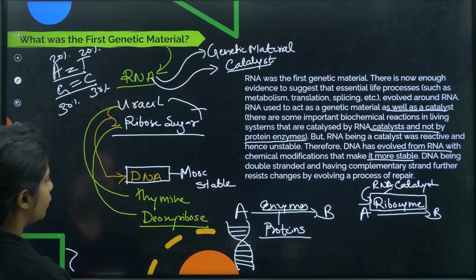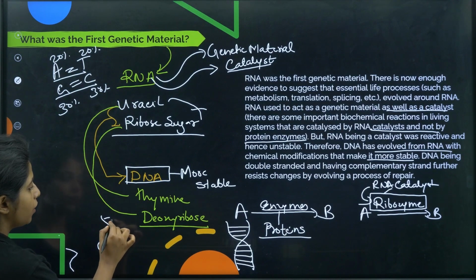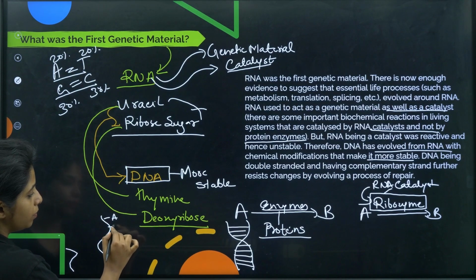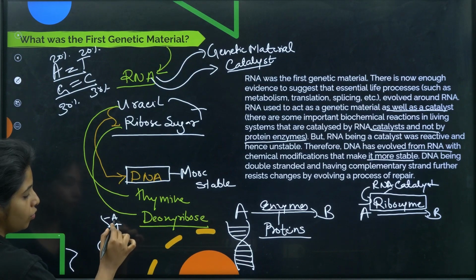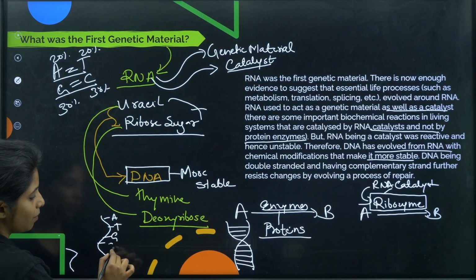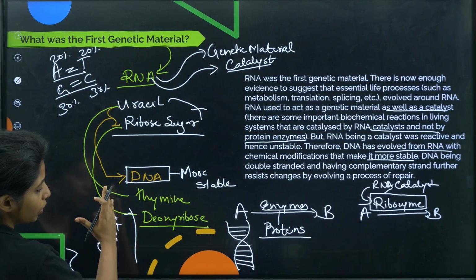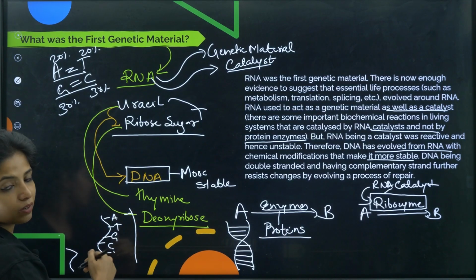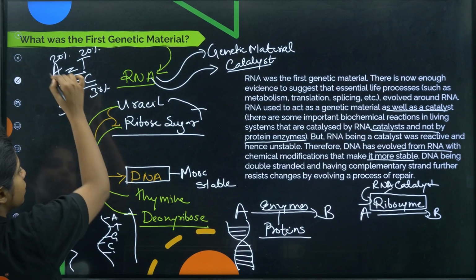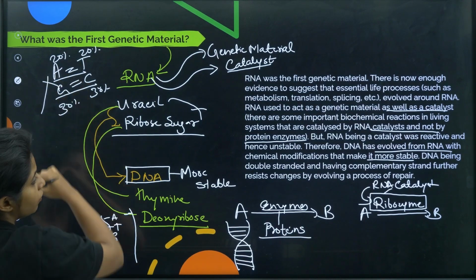But in the case of RNA, if you think it will be single stranded, can you expect this to be the same? No. A, U, G, C, it can be anything, right? It does not have a complementary pair. When it has a complementary pair, I can say that if this is here, the complementary pair will be a pyrimidine and it will be equal. But over here, if this is a single strand, I cannot expect it to follow this.